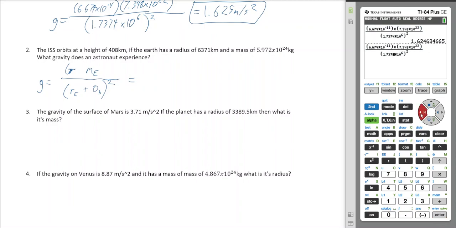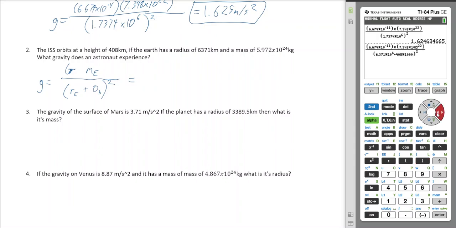So this is going to be 6.371, and then plus 408 times 1,000. That's the easiest way of doing that.